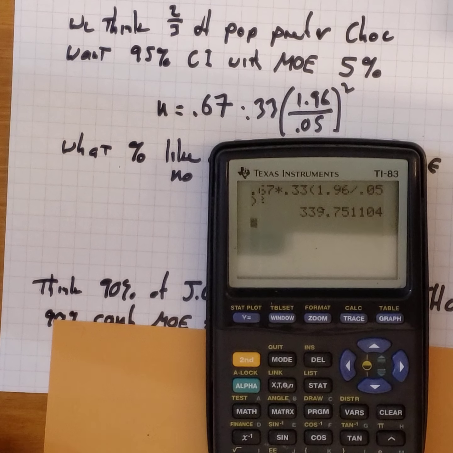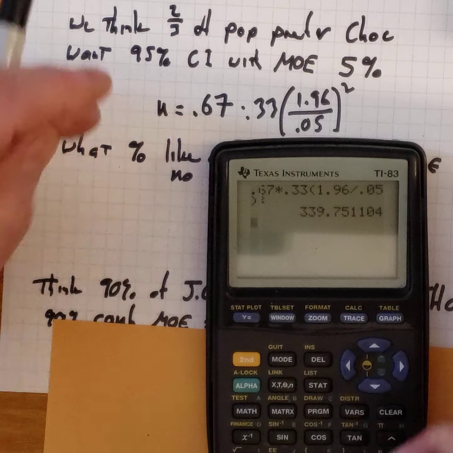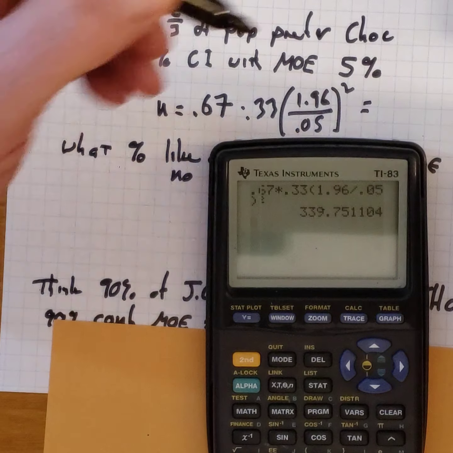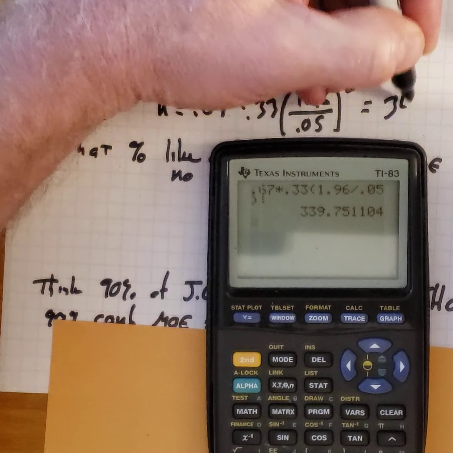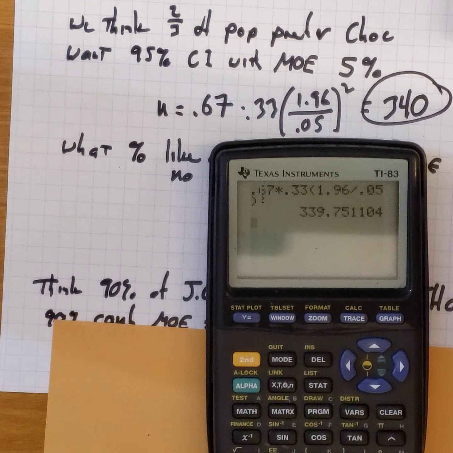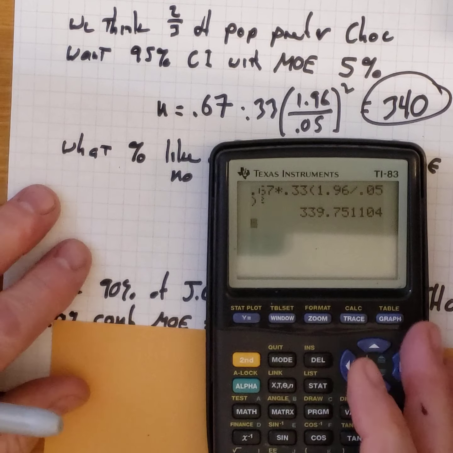And that'll give us 339.75. And you always want to round this up because 339 would be too few. So it'll be 340 that we'll need in our sample in order to get the confidence level and the margin of error that we want.